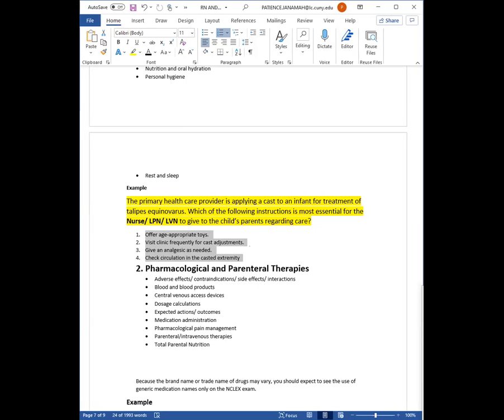So let me ask for clarification. When we have a question like this, are we focusing more on the assistive device or on the client, the patient? Because if we are focusing more on the assistive device, then we should be asking the mother to visit the clinic frequently for cast adjustment.